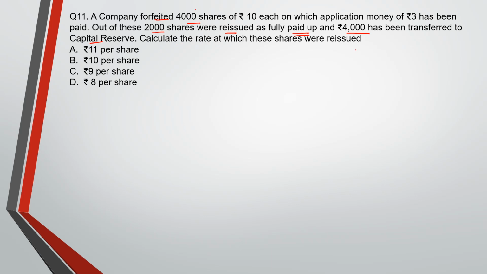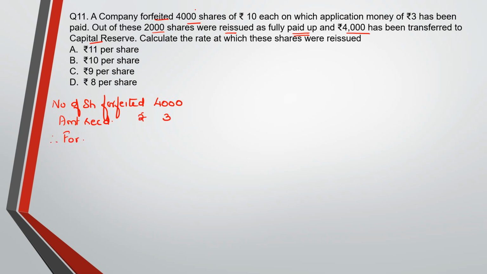So from this, first thing that we will see is we'll write down the details here. The number of shares forfeited is 4,000 and amount received on those shares rupees 3 per share.